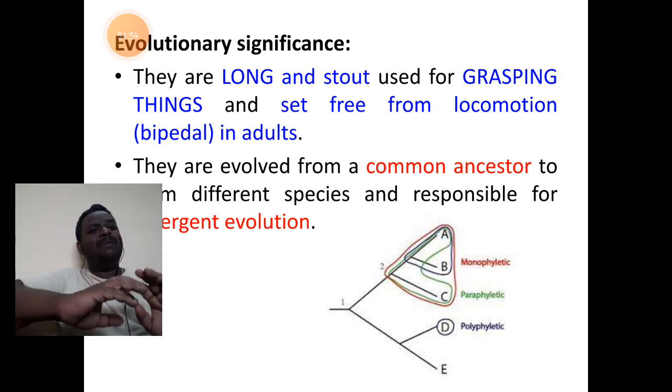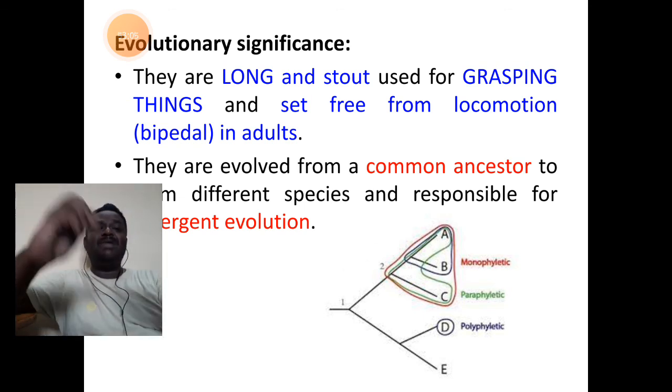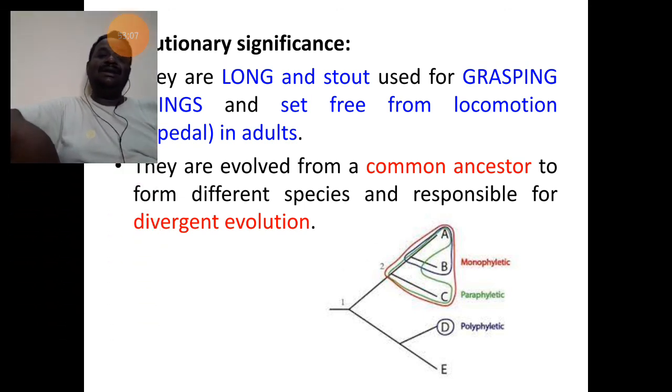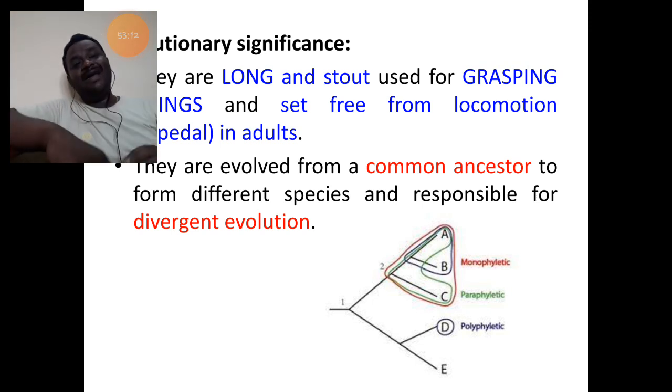It is set free from locomotion in adults. So, we have bipedal locomotion, only legs, the hind limbs, are used for movement. We are all obtained from the common ancestor, so it is leading to divergent evolution and monophyletic origin.